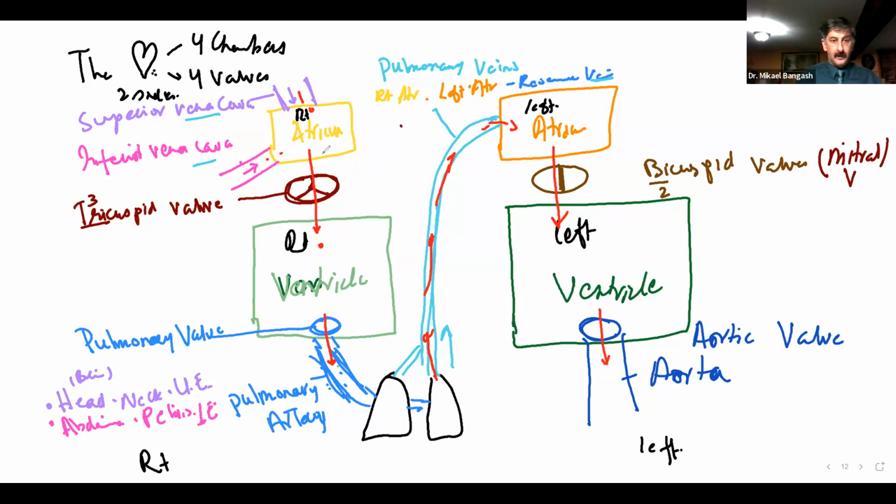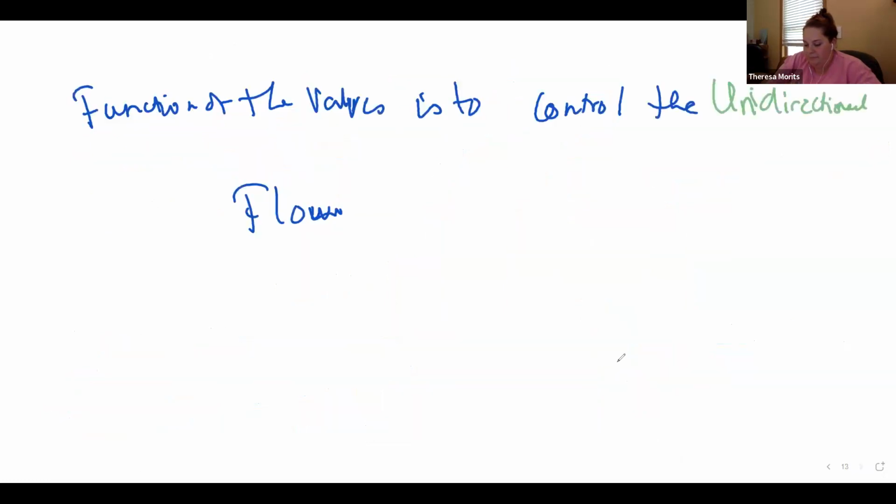That means the blood just flows in one direction. Did that make sense? Yes. So that's unidirectional flow. If you're not a fan of fancy words, you can just say in one direction.